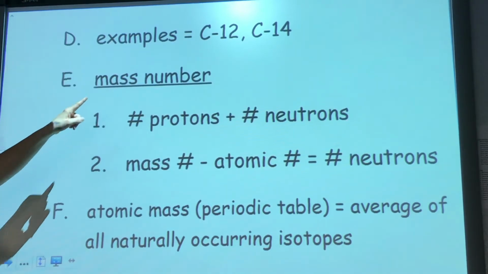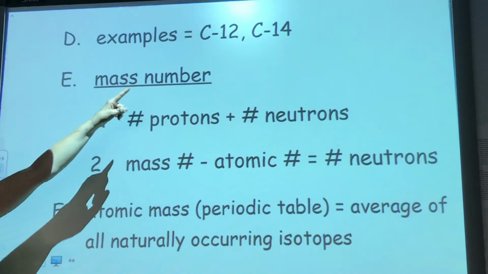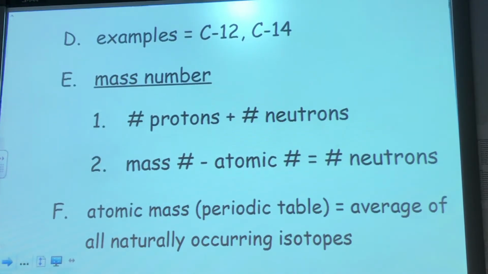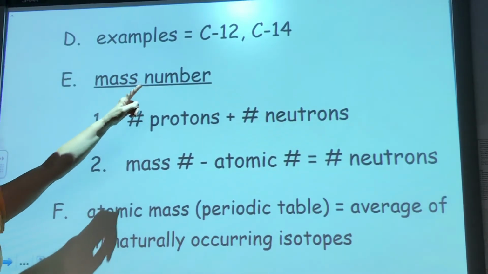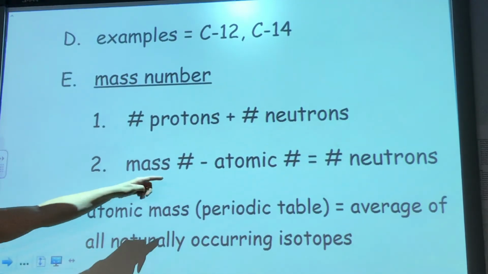That's just what we did with our carbon. We had carbon-12. We took the mass number, which was 12, subtracted the atomic number, which was 6, and that gave us 6 neutrons. Same for carbon-14. We took the mass number, which is 14, subtracted the atomic number, which is still 6, because we're still dealing with carbon, and that gave us the number of neutrons, which is 8.